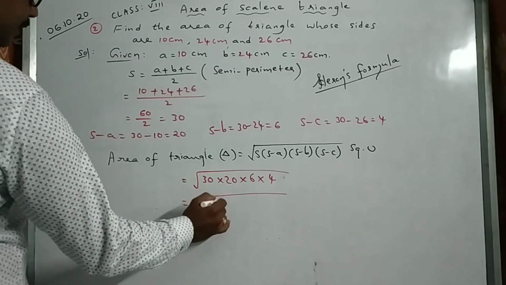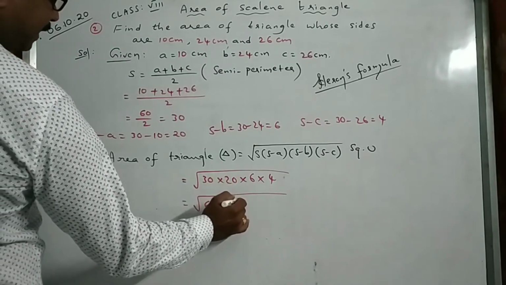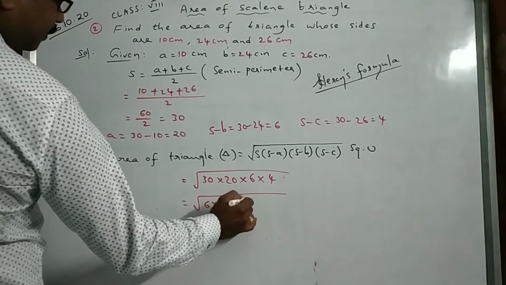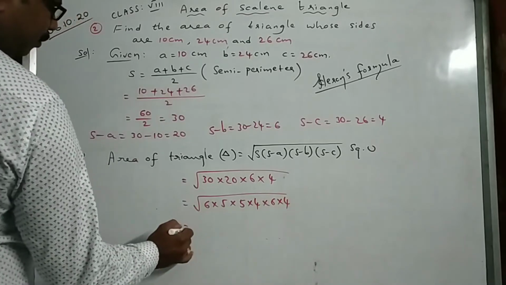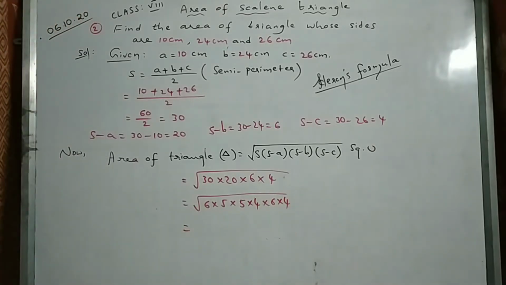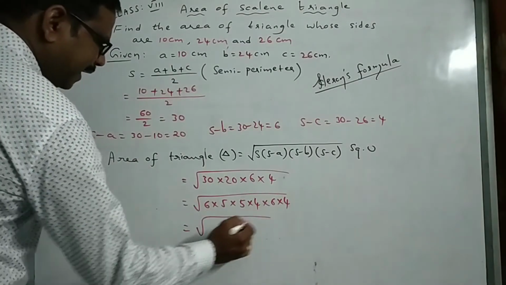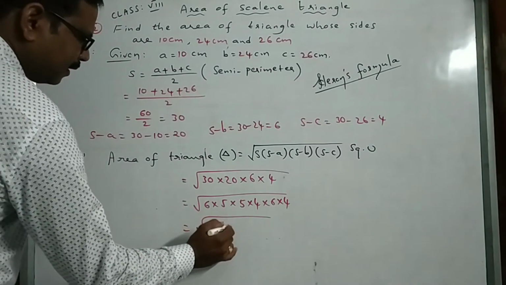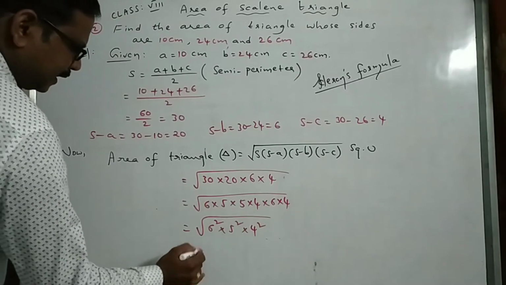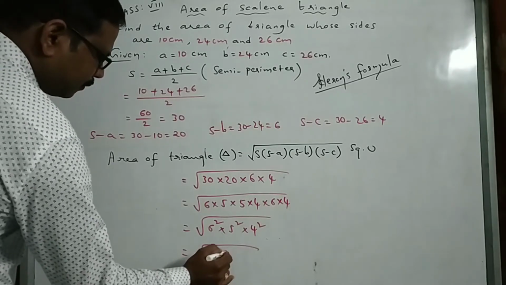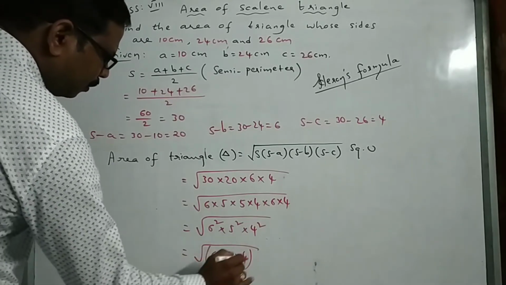Okay? Root of this I can write now 6 5s. This I will write 5 4s. This 6 4 as it is you write. Now 2 terms you got here. Did you get 2 pairs? 6 square, 5 square, 4 square. This I can write 6 into 5 into 4 whole square.